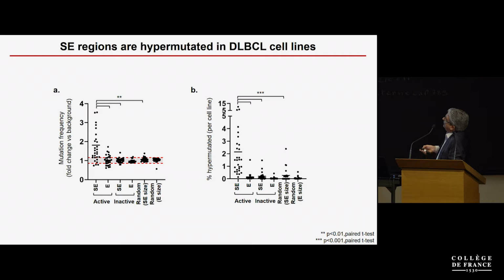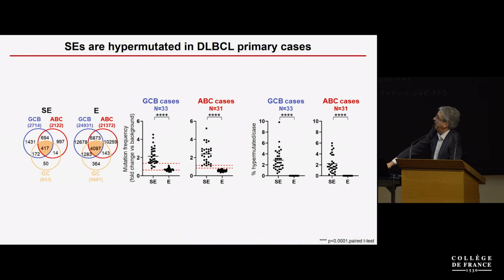And for cell lines, there are a number of hypermutated super enhancers, a variable number, but in a few of them for each cell line. This is not a cell line phenomenon, and in fact, it can be verified in primary cases where we took the same regions, the DNA identified by active enhancers and super enhancers, and we found the same phenomenon, more evident in super enhancers.